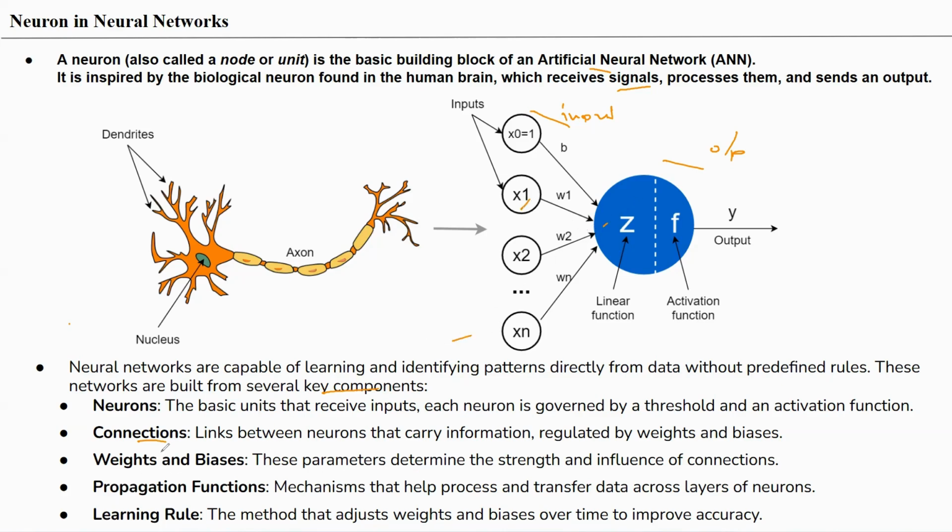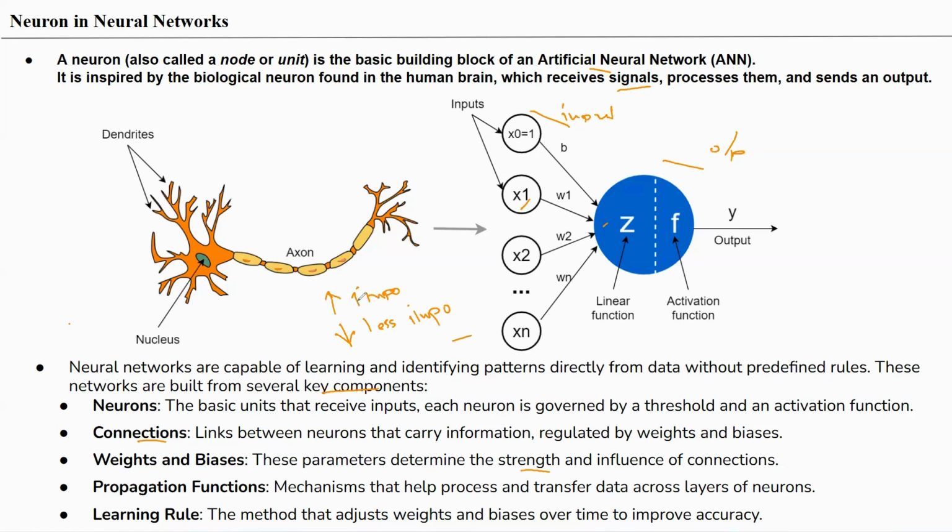Then, weights and biases are the parameters that determine the strength and influence of connections. If the weight is high, that means the information is important, and if the weight is low, it is less important.